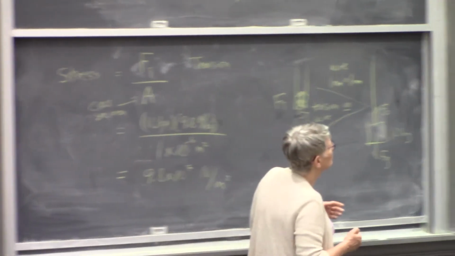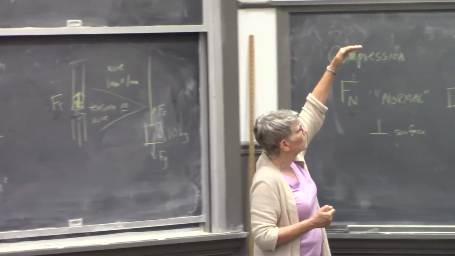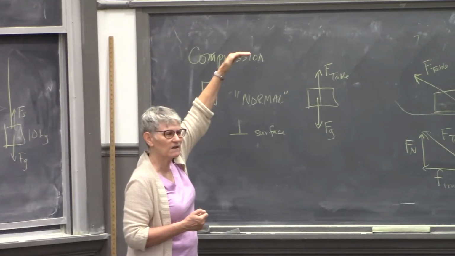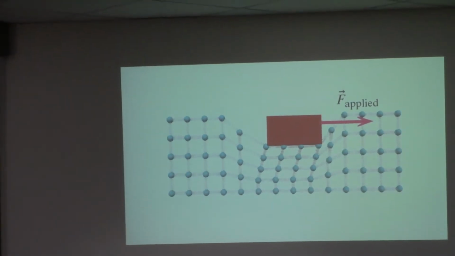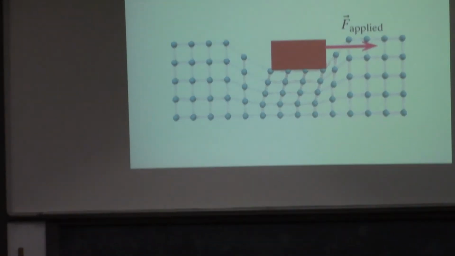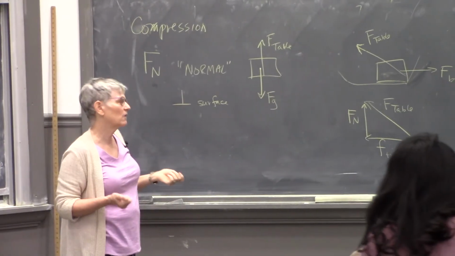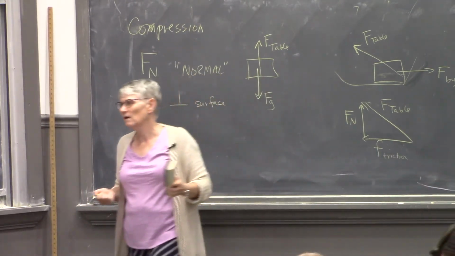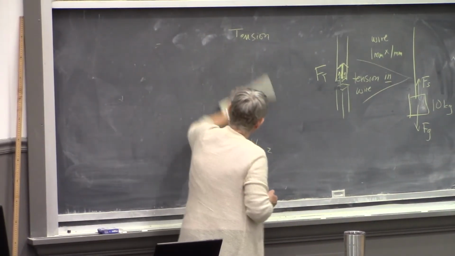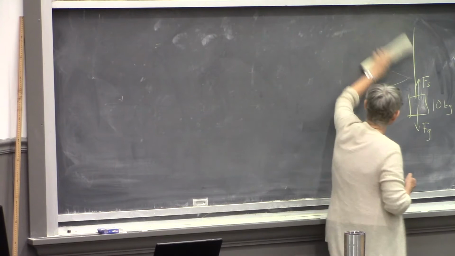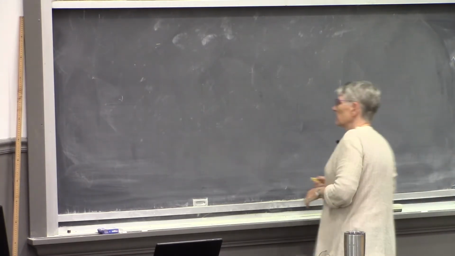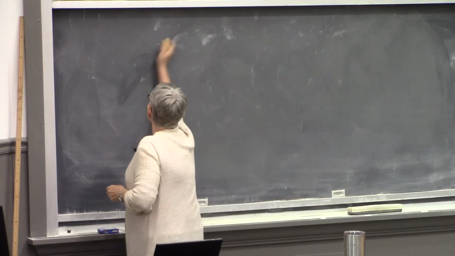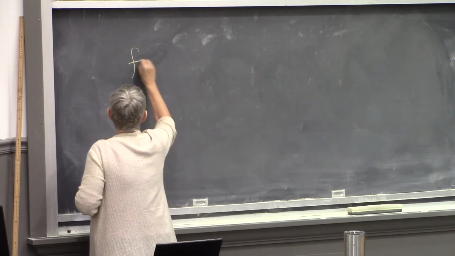Now, if we made our brick twice as heavy, it's going to sink into the table even more, right? So what do you think that's going to do to the friction? It'll increase it, right? So the amount of friction really depends on the mass of the object. And so empirically, we write the friction force.